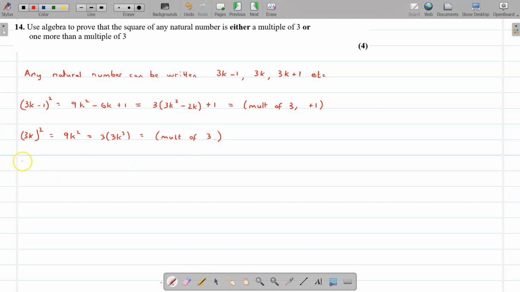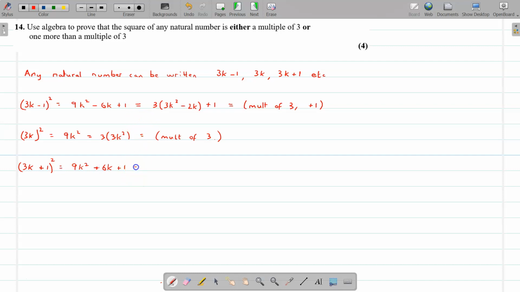Then if I do the same with 3k plus 1, which is my third form of the number, that's going to give me 9k squared plus 6k plus 1, which is similar to the first one.